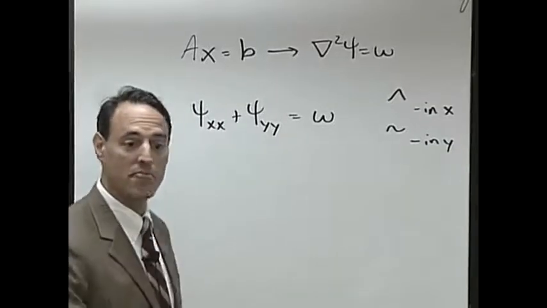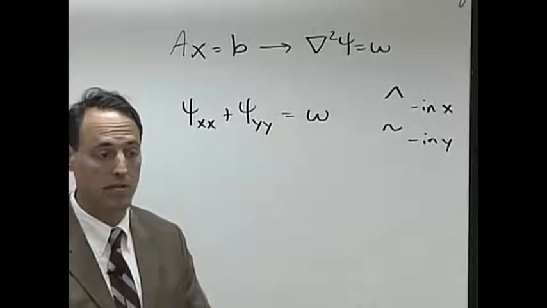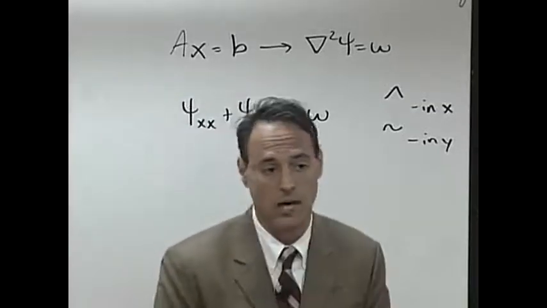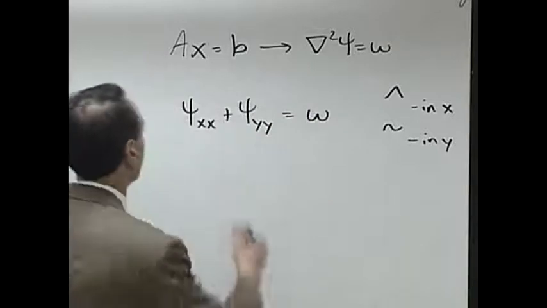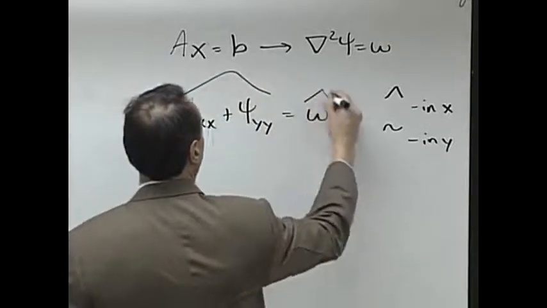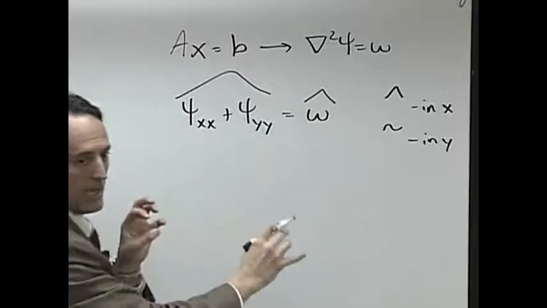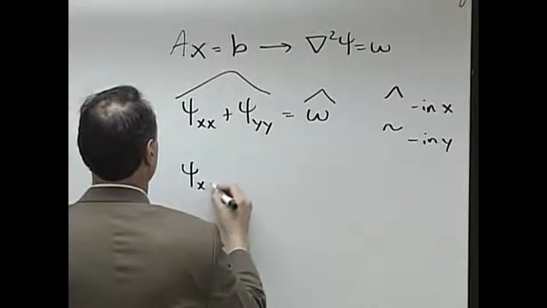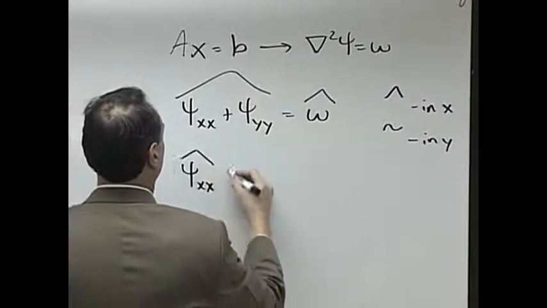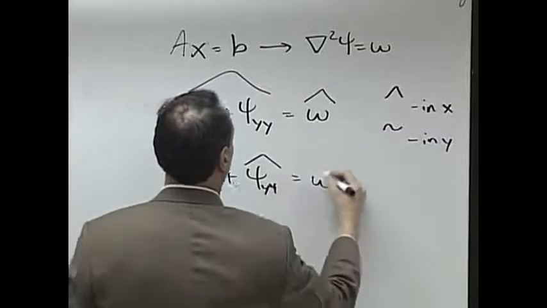So let's Fourier transform first in x. By the way, x and y are independent, so when you take an integral with respect to x over all space, the y variable doesn't care at all. Okay? So when we take the Fourier transform of this side and that side, these two are two added functions. It's an integral, so I can separate them. So you have then psi xx plus psi yy is equal.